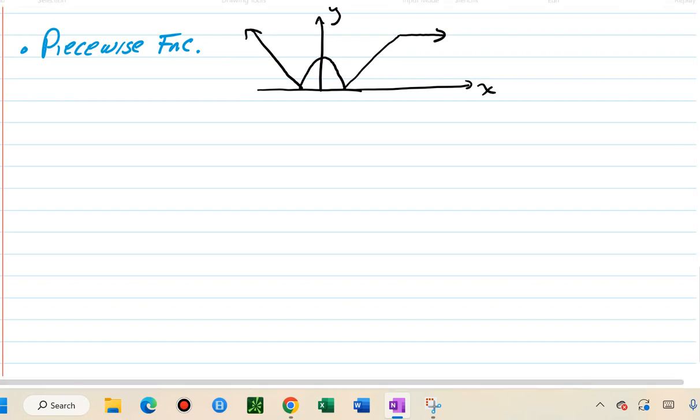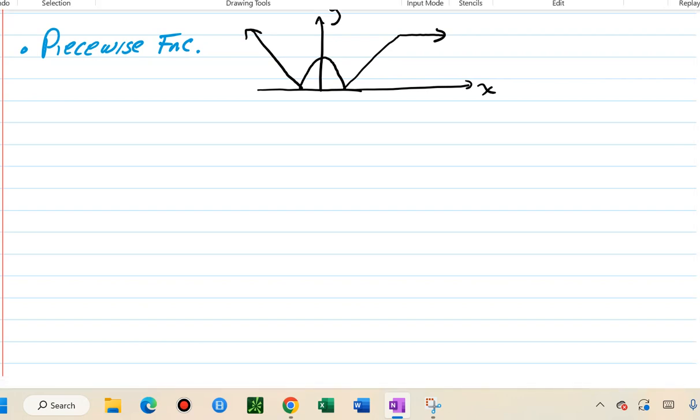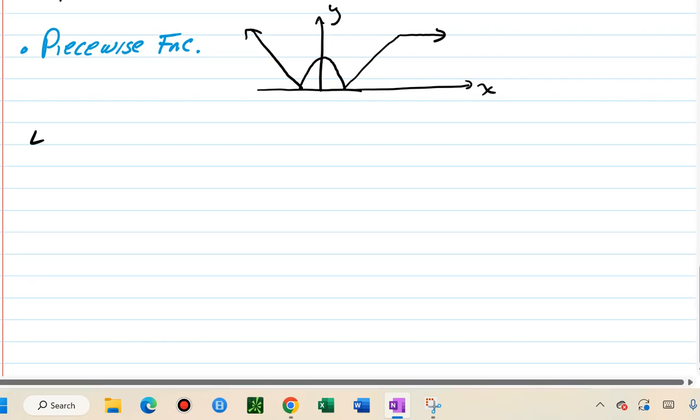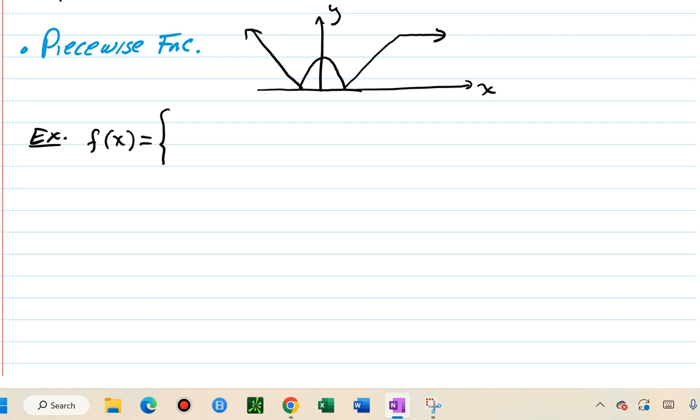Now let's take a look and see, for example, how I can graph these when I'm given what the form looks like for the piecewise function. So an example of a piecewise function, I'm just making something simple up. Let's say I'm going to have 3 pieces for this function. I'm going to call it x, x squared, the ones that we just talked about, and a linear function, negative x plus 7.